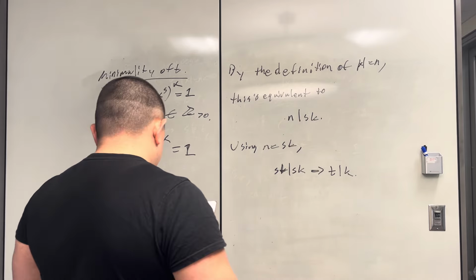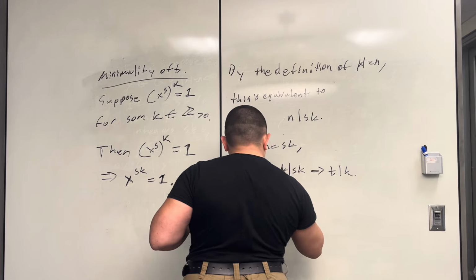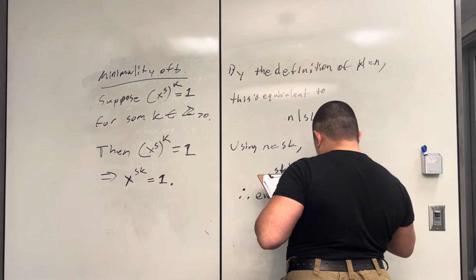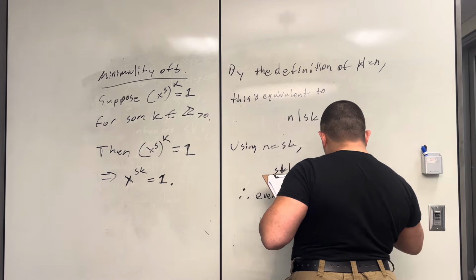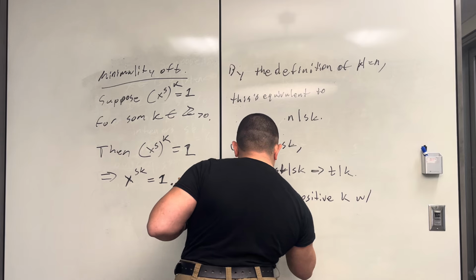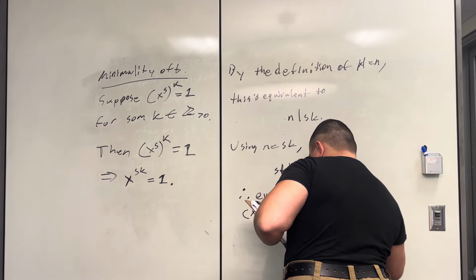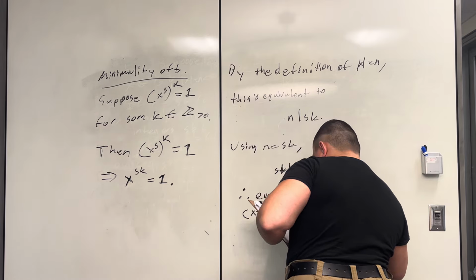Therefore, every positive k with (x to the s) to the k is equal to 1 is a multiple of t. And if it's a multiple of t, what does that mean?